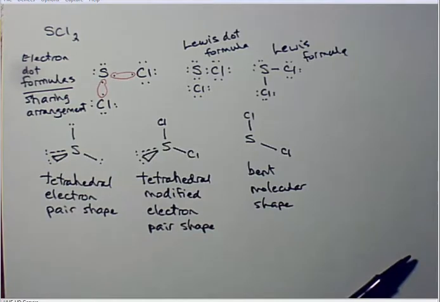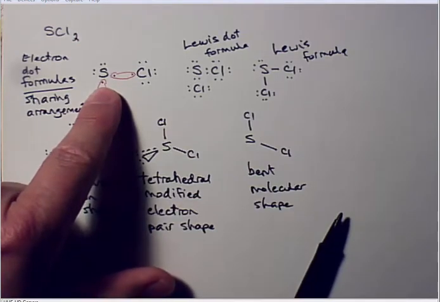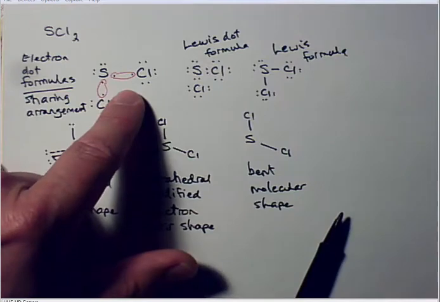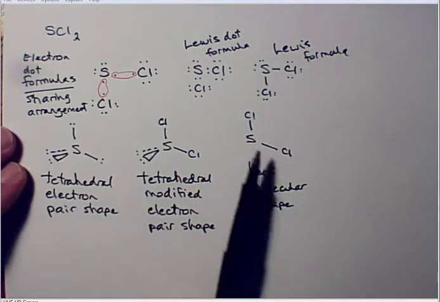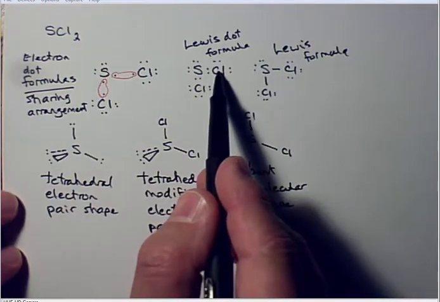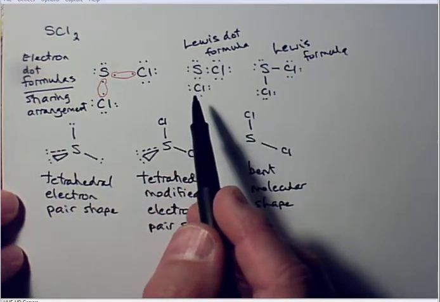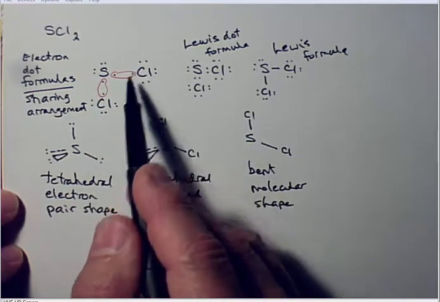All right, so here are the names of all these drawings and what the drawings actually look like. We started out with electron dot formulas, and then we became a sharing arrangement when we shared those electrons. Here's the Lewis dot formula. Now your chlorines don't have to be on this side and down here. They could be over here at the top, as long as you only have 2 chlorines and you're sharing electrons properly.